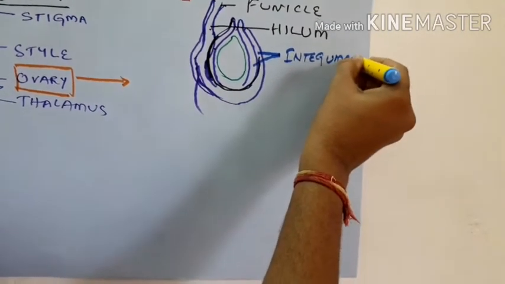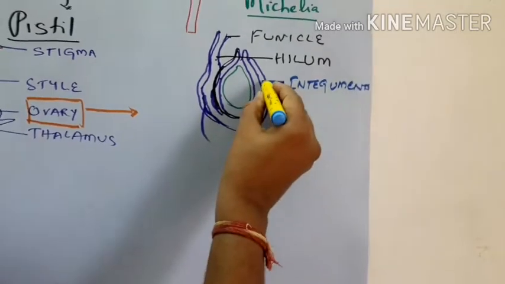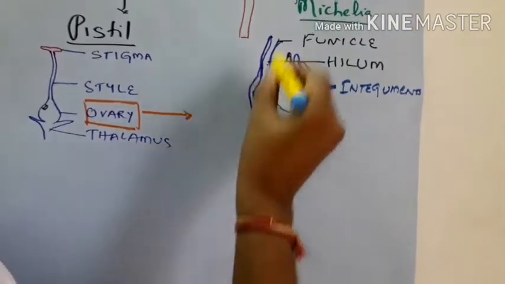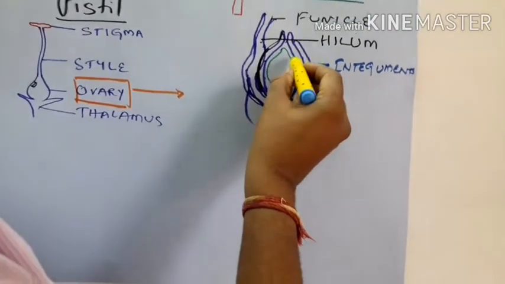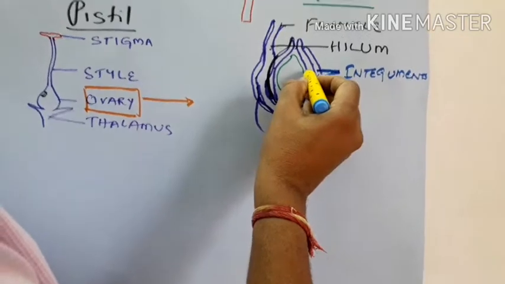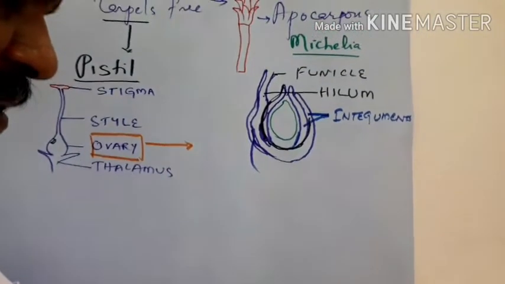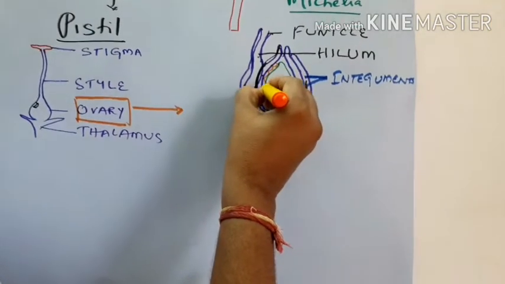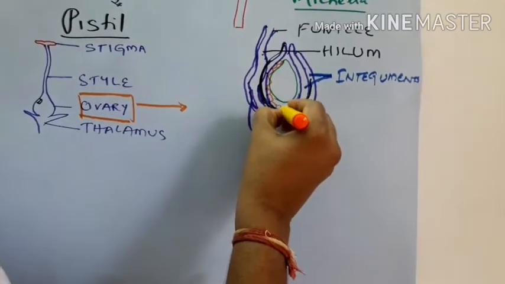These are called integuments. So we have an outer layer and an inner layer, and this is the ovule. Now in the ovule, within these layers, inner to the inner integument, we will find many cells formed here.